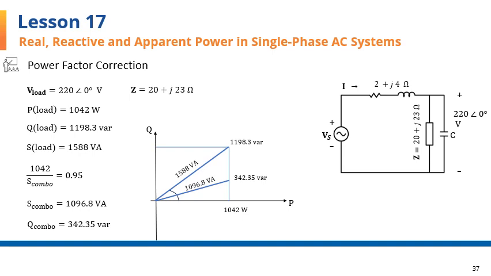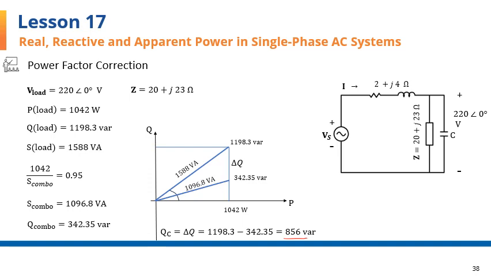The capacitor will then need to provide the difference between these two. In other words, this delta Q would be what the capacitor needs to provide, Q sub C. And that difference comes to 856 vars.